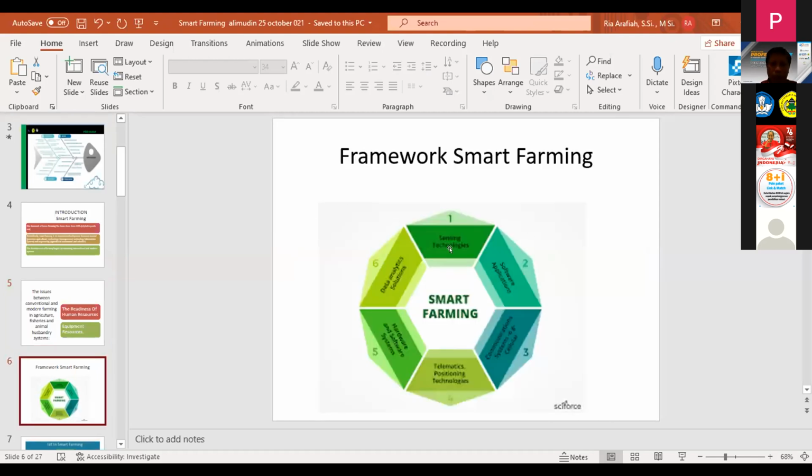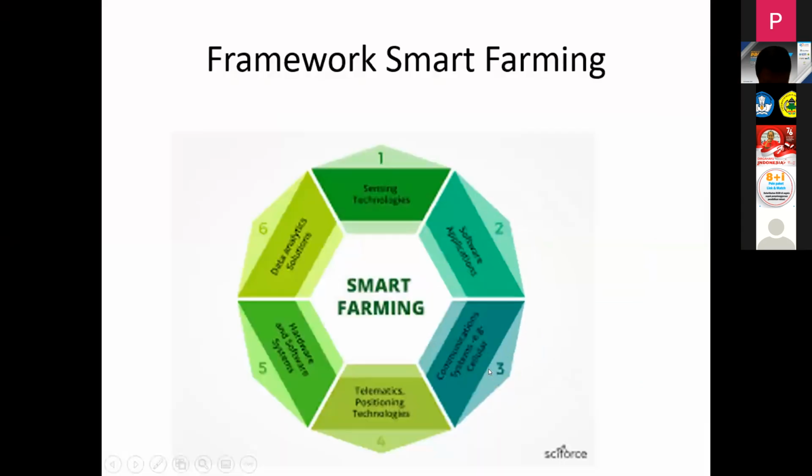The framework of smart farming, we can do it with facilities, IoT, and control. We can begin or start a pilot project up to the field, up to the industry, because this is a big project and we want smart farming to succeed.